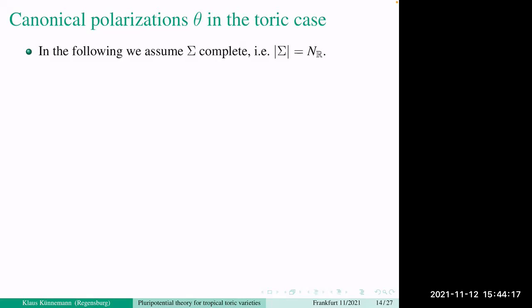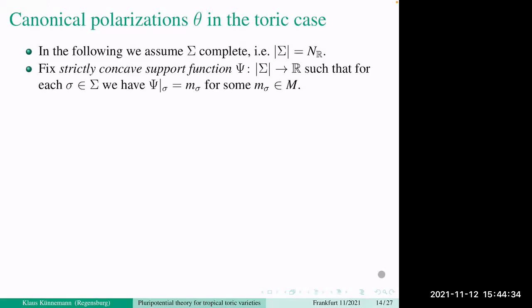So we have to work with some kind of a relative PSH notion here with respect to some polarization. All of this can be done in a more general setup, but I want to do it just in the toric one because that's what we want to investigate here. So we assume that the fan is complete.